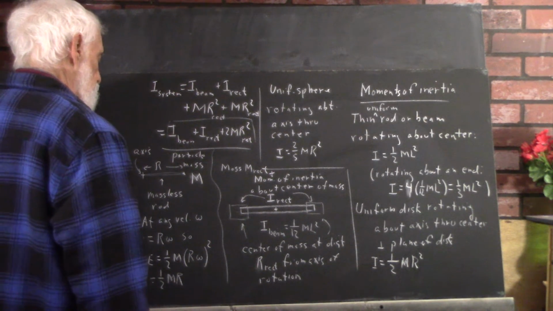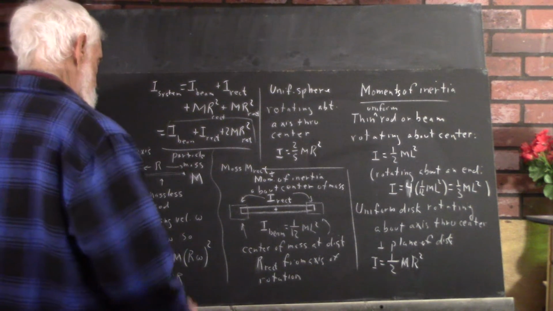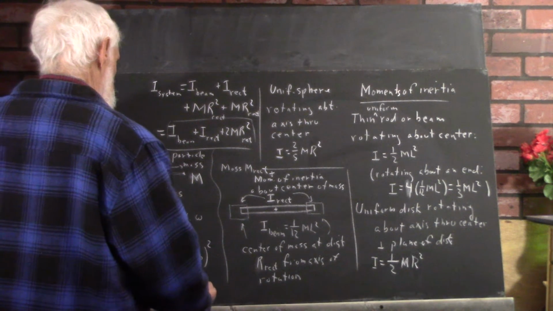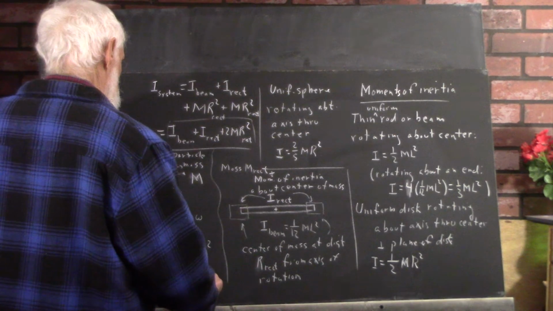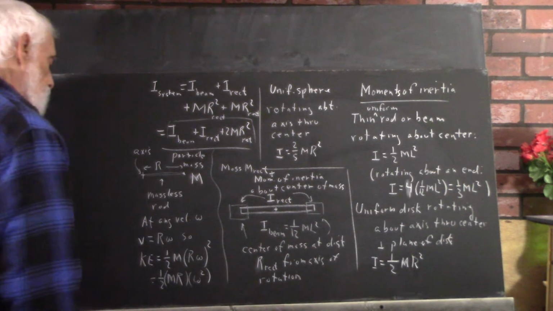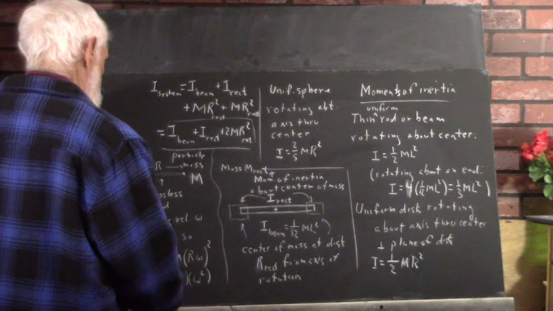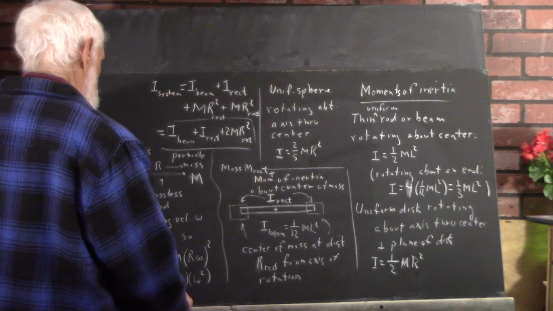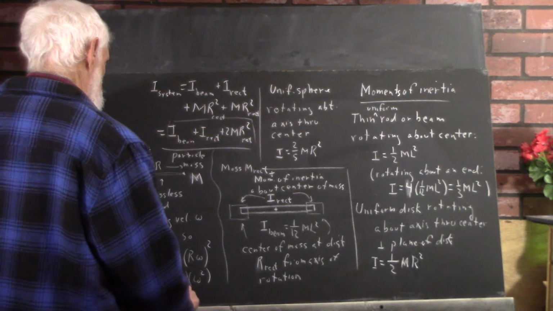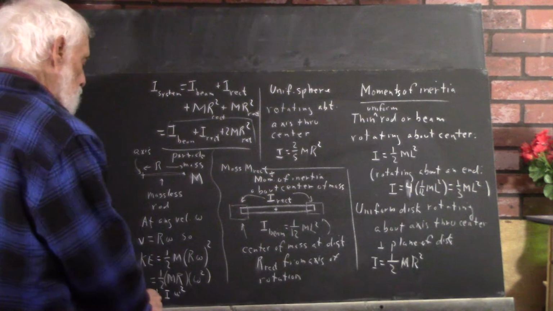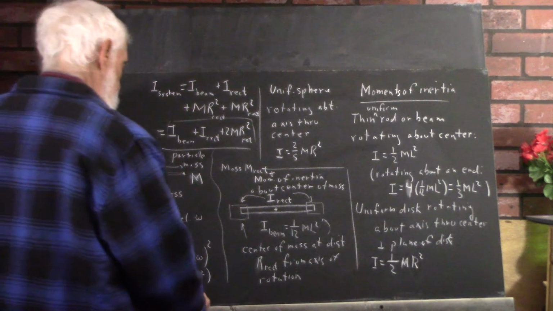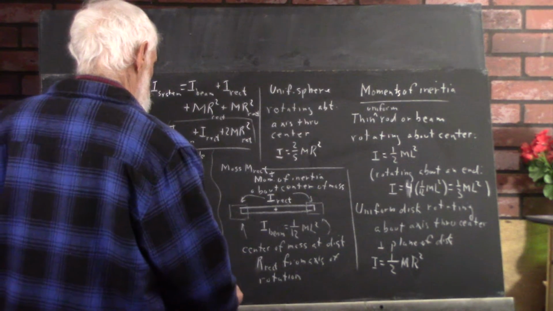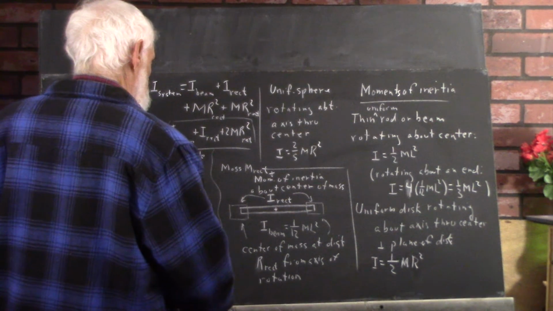So it's 1/2 m r squared times omega squared, which is 1/2 I omega squared, where I equals m r squared.